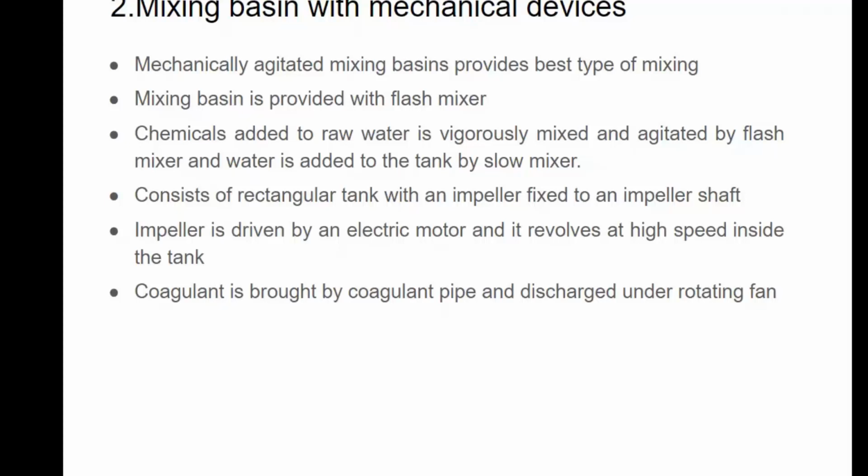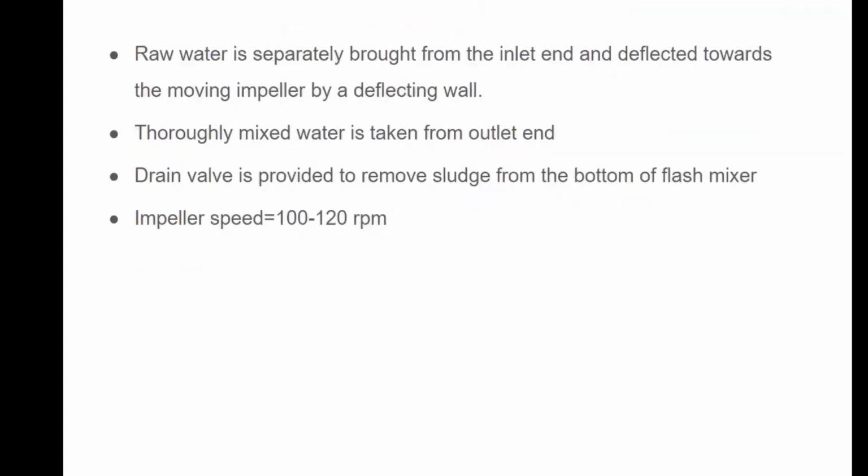In the previous pictorial representation, you have already seen that through the inlet pipe, we are also distributing these coagulants into the sedimentation tank, and at the mixing basin itself, it also allows the coagulants to enter into the tank.